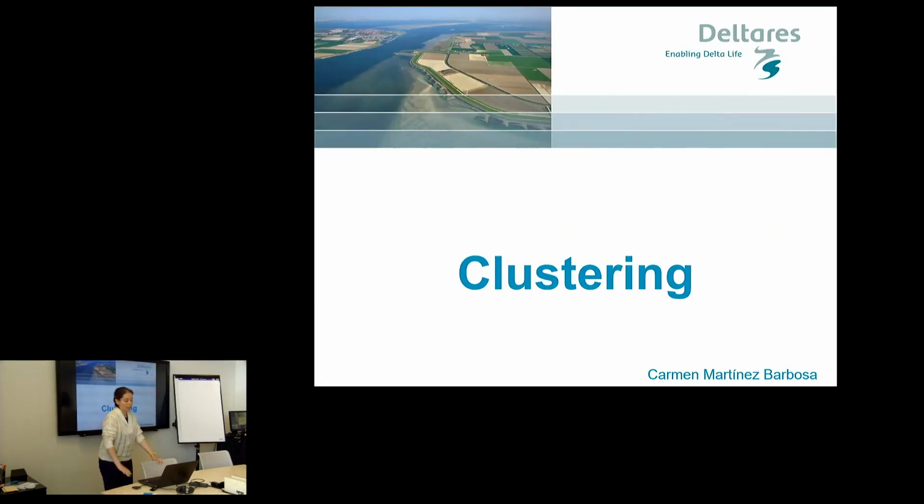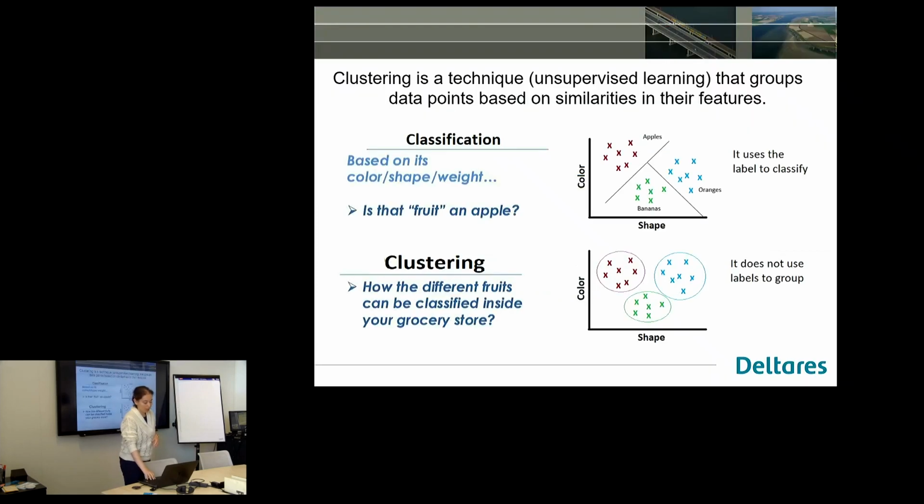Okay, so for now, John was discussing neural networks, and as he said, that method is used in supervised problems. But clustering is about finding hidden trends in your data, trends that you don't even know about, and you forget about any labeling.